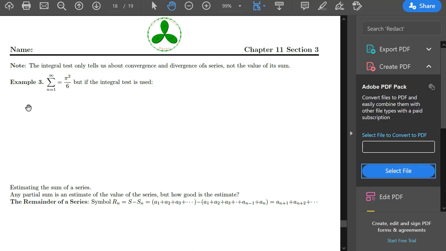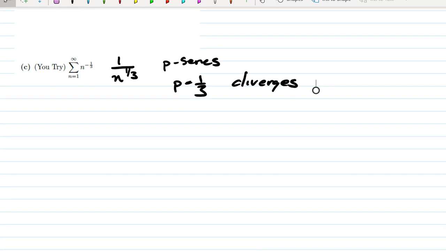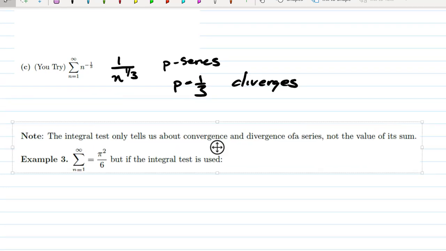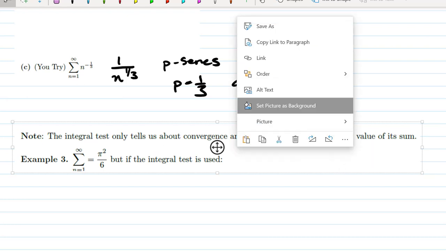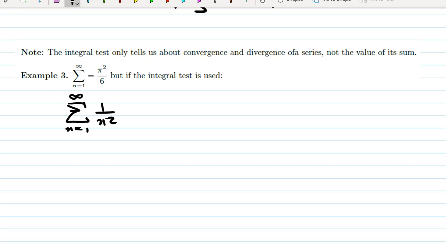So, for example, we have the sum as n goes from 1 to infinity of pi squared over 6, but if the integral test is used, so let's go ahead and apply that. Oh, I see. We're missing part of our sum there. So this should have read the sum as n goes from 1 to infinity of 1 over n squared.